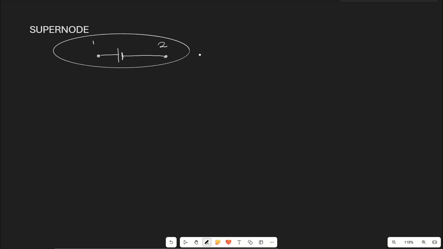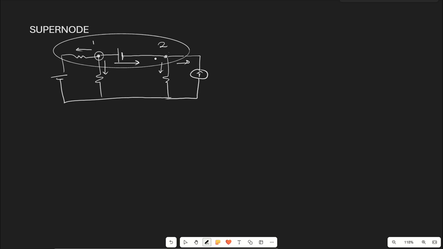So the logic behind supernode is, suppose in this case, let me consider a circuit itself. So suppose this is our circuit, and we are going to solve this one for our analysis. For the other branches there are no issues because we can directly determine the values, but in this case, for these two directions, as per our previous knowledge, what we can write here is, this is voltage, suppose, V1, this is suppose voltage V2.